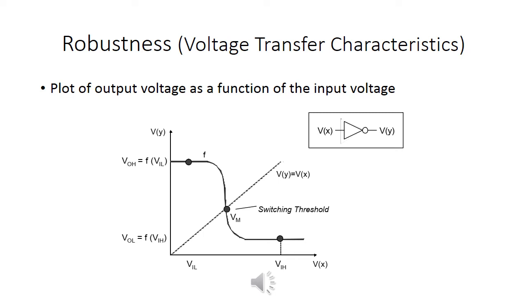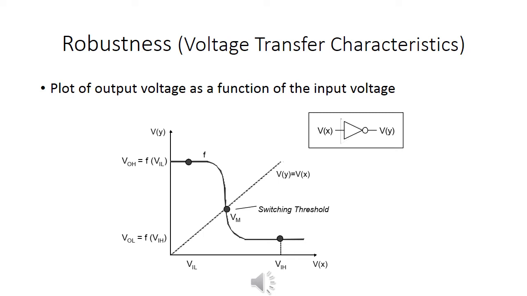The x-axis shows the high and low nominal voltages, and the y-axis shows the high and low nominal voltages produced as we apply the input at the gate. Another point of interest of the VTC is the switching threshold voltage.